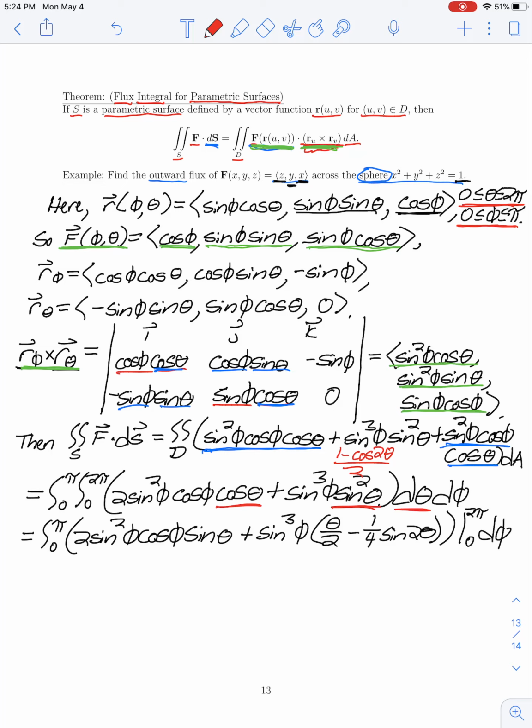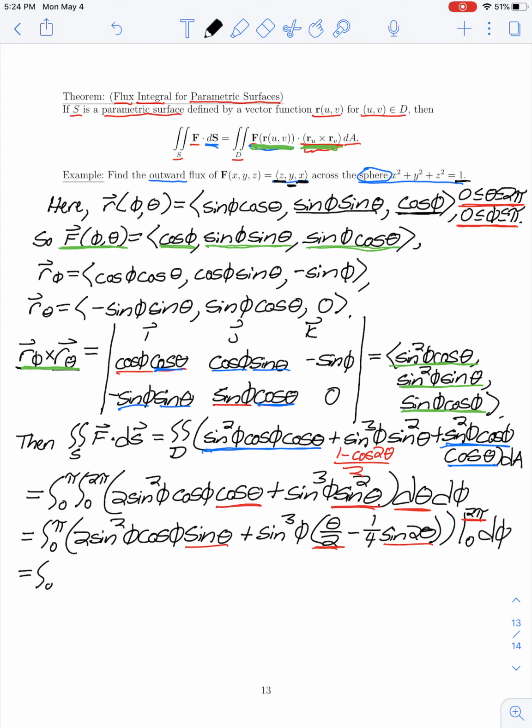So when we evaluate at theta equals 2 pi, everywhere that we had a sine of theta, or sine of 2 theta, these values become 0, and we're left with this theta divided by 2, so 2 pi over 2, or just pi for that term.